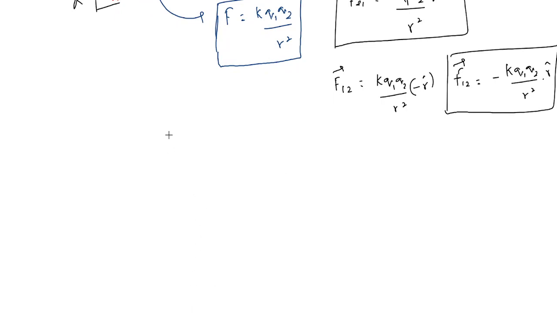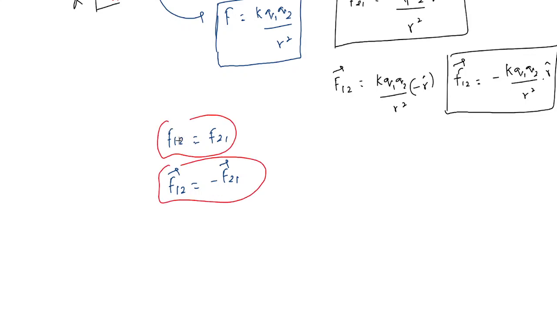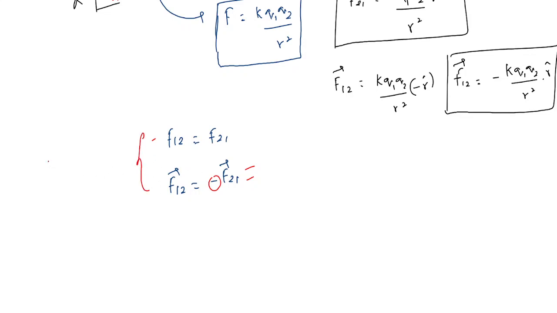That is, the magnitude of F12 is the same as F21, but in terms of direction, it is not the same. F21 is equal to the negative of the other force. So do remember that these two are different in meaning. This means we are only equating their magnitude. This means we are equating magnitude and direction, so we get a minus sign here. So this means that these two forces obey Newton's third law of motion.